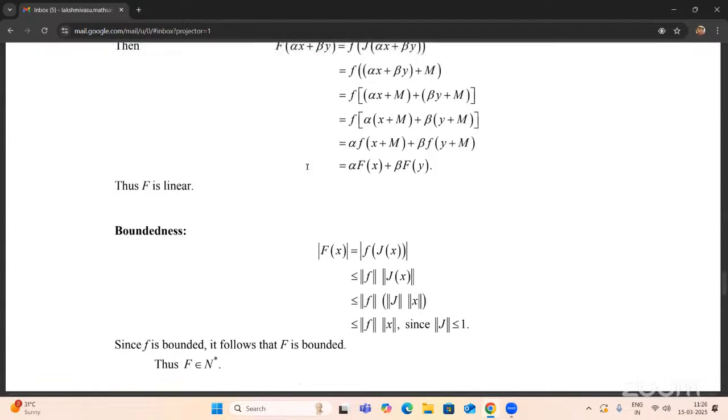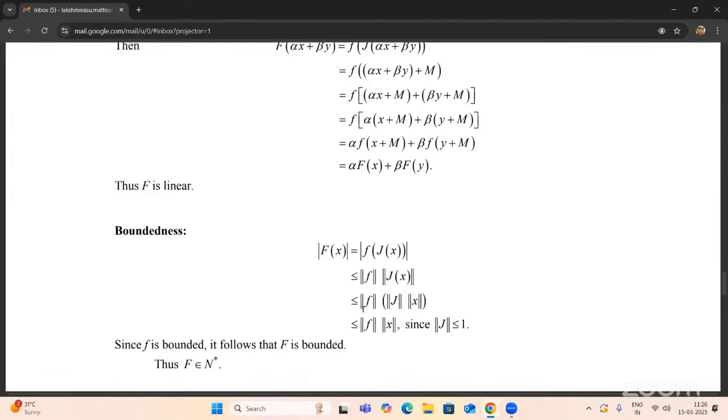Second one, boundedness. Given the function is linear, boundedness means that you must express the absolute value: absolute of capital F of x equals mod f of J of x, and this inequality is less than or equal to norm f into norm J of x, so norm f into norm J into norm x. Already we know that norm J is less than or equal to 1.